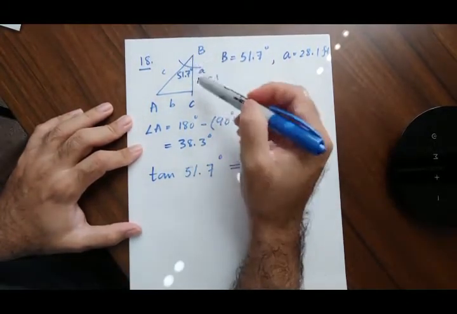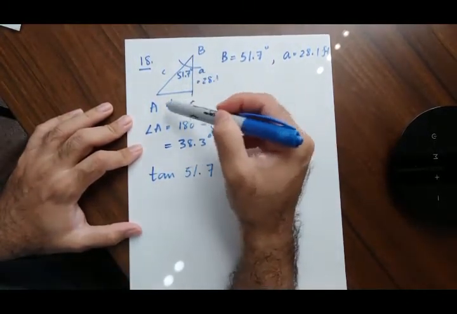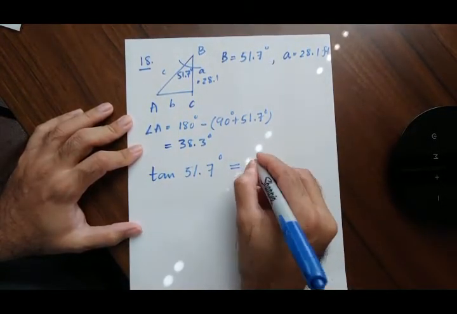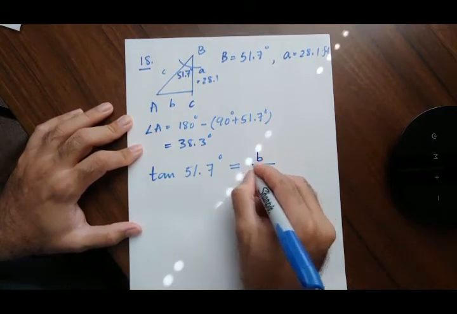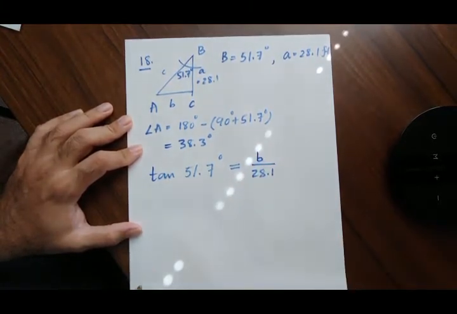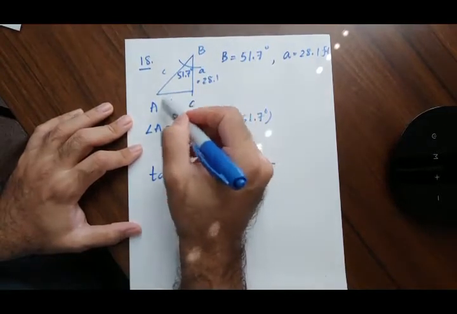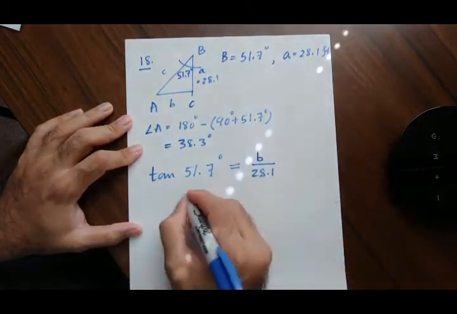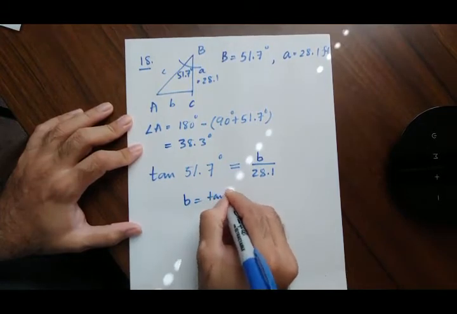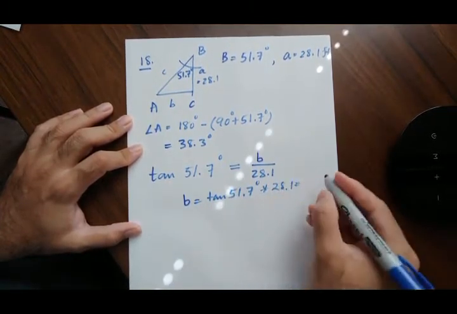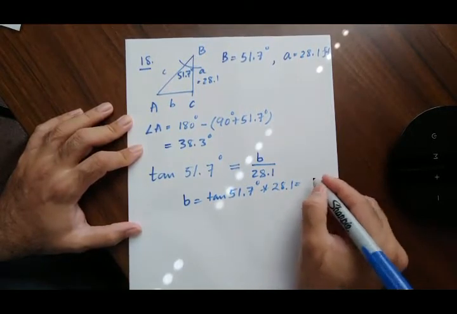Why tangent? Because tangent is a ratio between a and b. So tangent is the ratio of b divided by a, which is 28.1. This is the reason I take tangent, because I know a, and somehow I have to find b. If I solve for b, tan of 51.7 degrees times 28.1 gives you 35.6 feet.